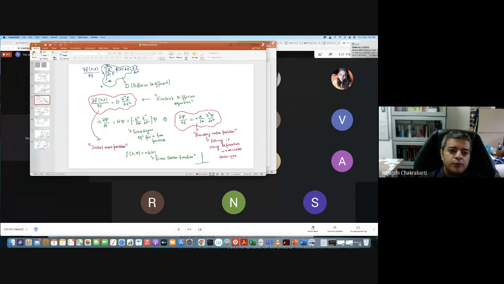But here you have to solve this equation not as a boundary value problem, but as an initial value problem. So the initial condition is this: the probability density at time 0 is a delta function. I multiply this with n just to make it more general, so that you have n number of particles. So this is a Dirac delta function.